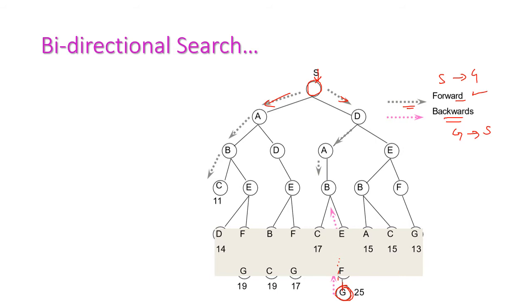At any one point both searches will meet, and this point is called the middle point. Once they meet at the middle point, the searching will stop with success. So this is called bidirectional search.